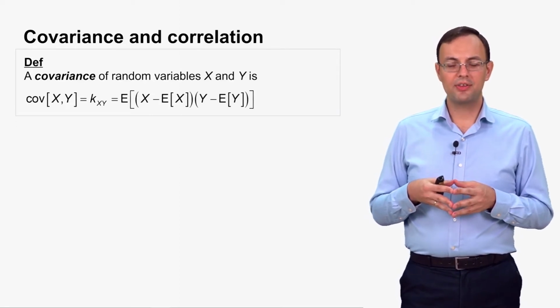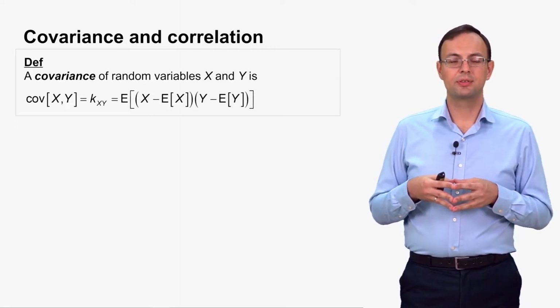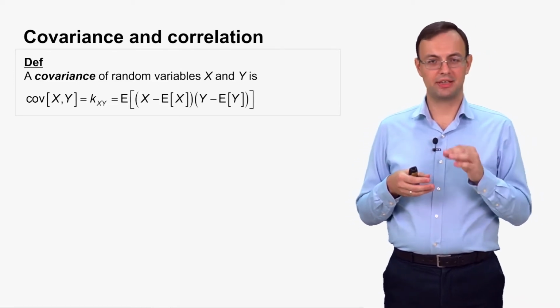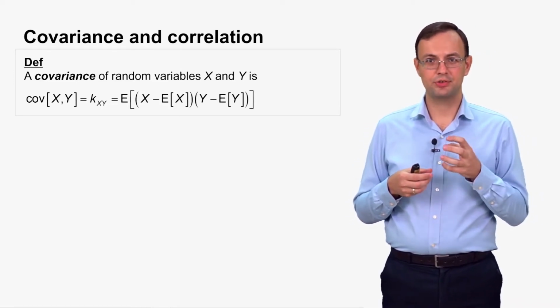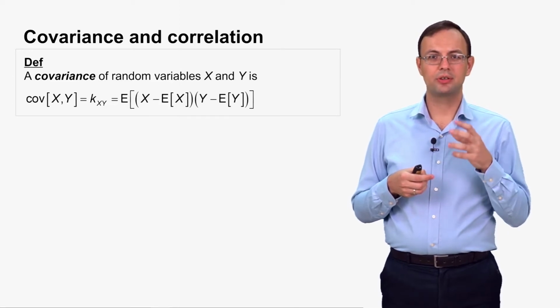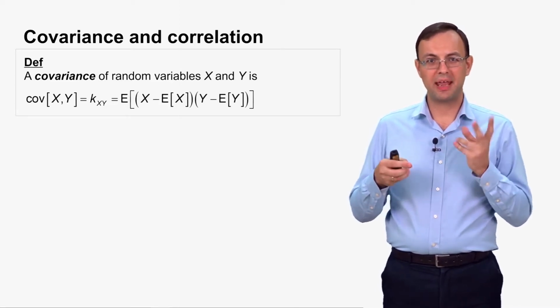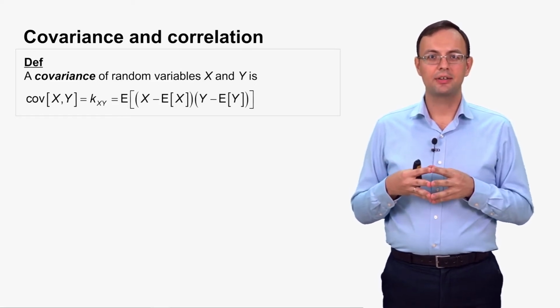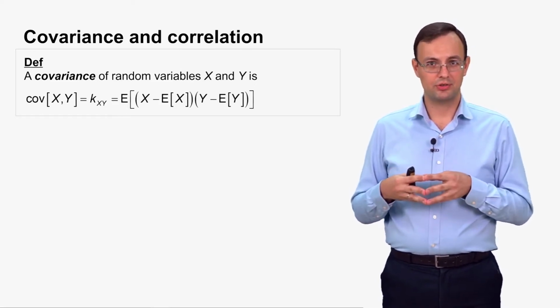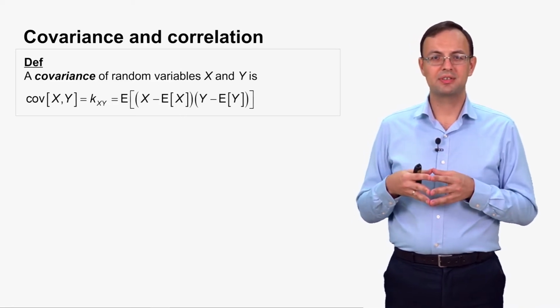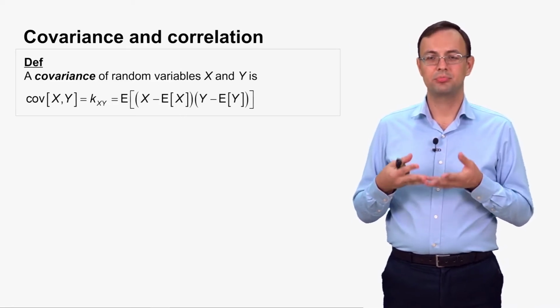So another important numerical feature that we usually find when we're dealing with a pair of random variables are covariance and correlation. Covariance of two random variables is defined as follows.